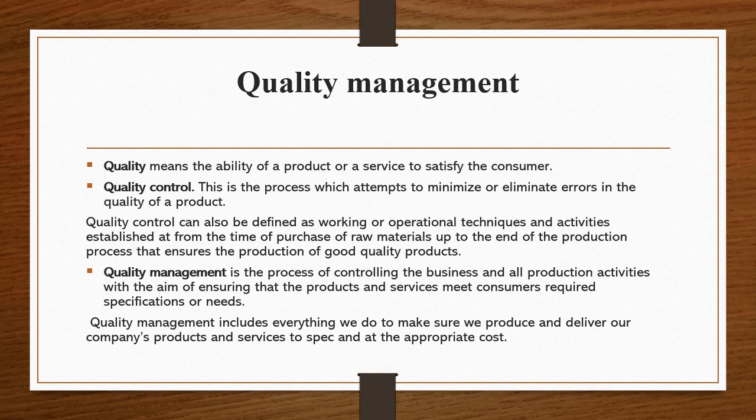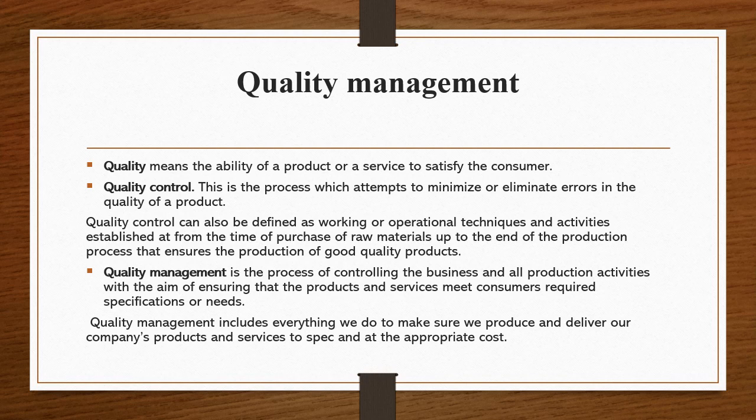Right. So quality control can also be defined as working or operational techniques and activities established from the time of purchase of raw materials up to the end of the production process that ensures the production of good quality products.